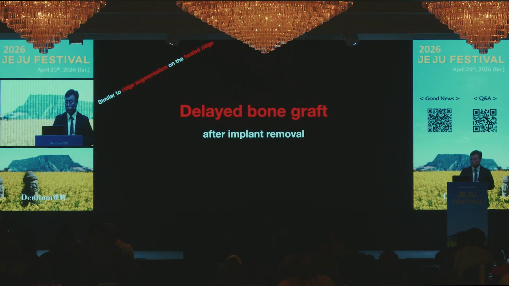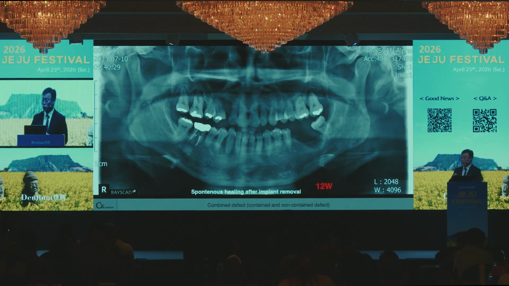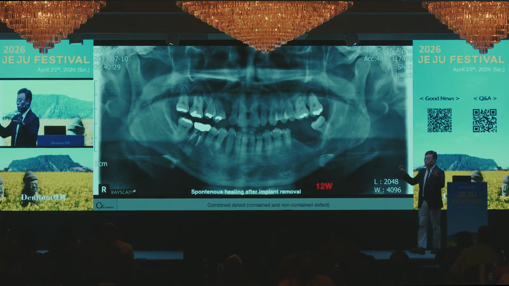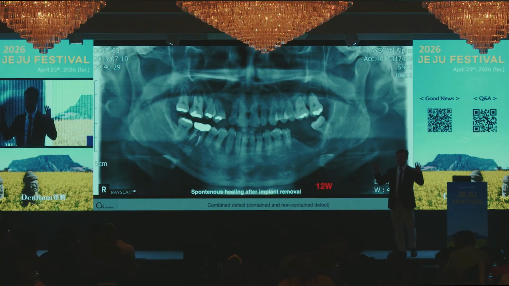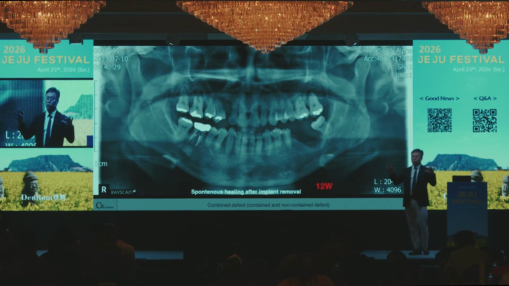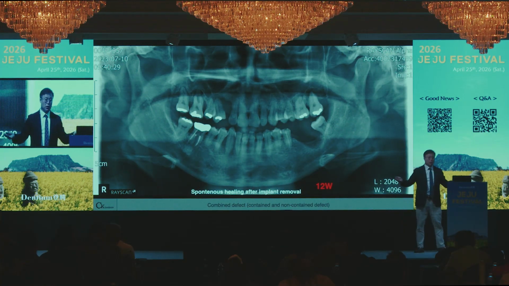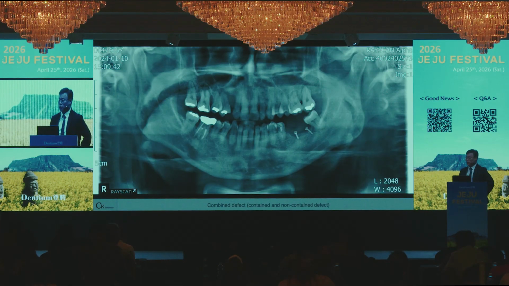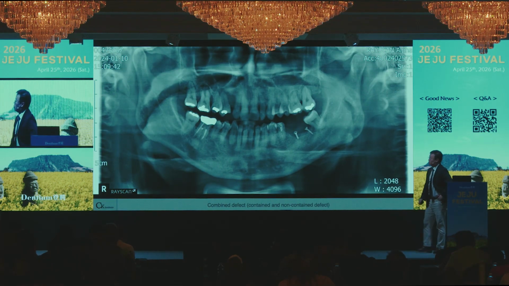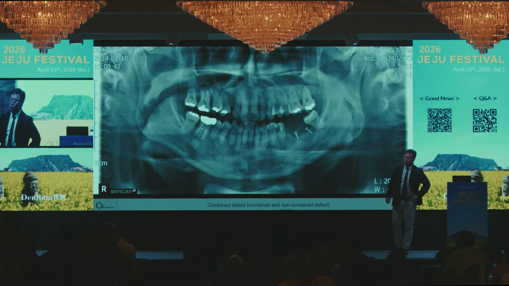Sometimes we have to consider delayed bone graft. Just wait 12 weeks. We didn't apply anything because the inflammation was too severe. We didn't consider immediate bone graft at the time. Then we can consider the delayed bone graft like this, delayed ridge augmentation, and placing the implant.